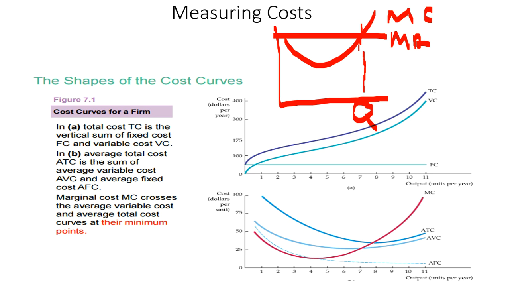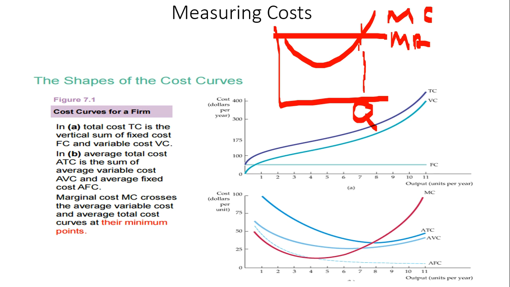So as long as the marginal revenue curve, this curve here, is greater than the marginal cost, it's okay for this firm to continue producing. You continue increasing the number of units you're producing until you reach a point where marginal revenue is equal to marginal cost.